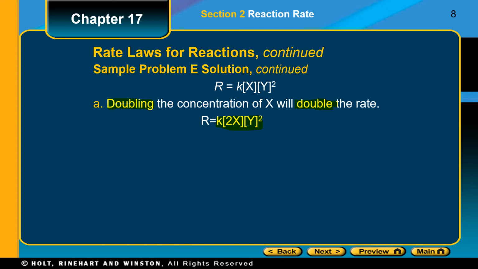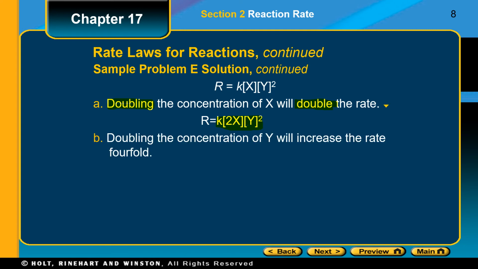Okay, now let's look at the next one. What if we double the concentration of Y? Okay, so in place of Y, we're going to put 2Y. But it's squared right here, right after it. So I'm going to take 2Y squared, and I'm going to get 4Y squared times K and X. So now this becomes 4KXY squared.